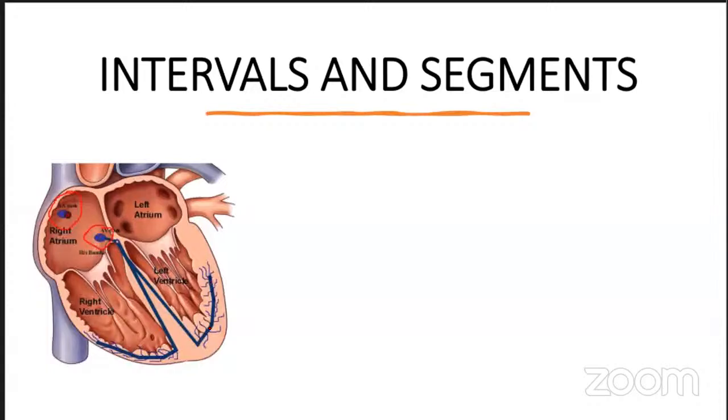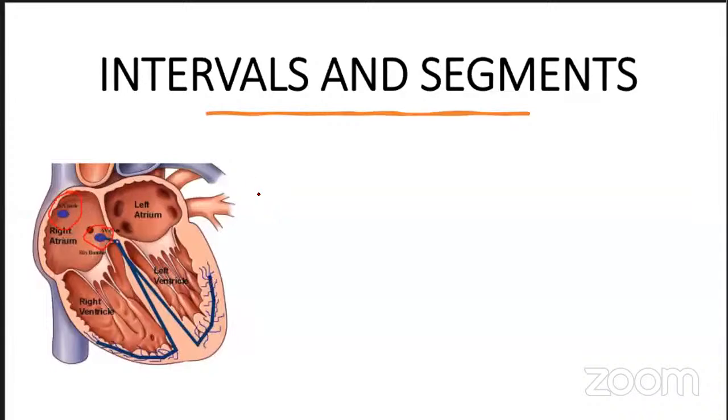So again, we'll be talking about ECG today, and you want to remind yourself that our ECG machine records electrical activities in the heart, and it's going to have positive and negative deflections according to how it records those electrical activities.